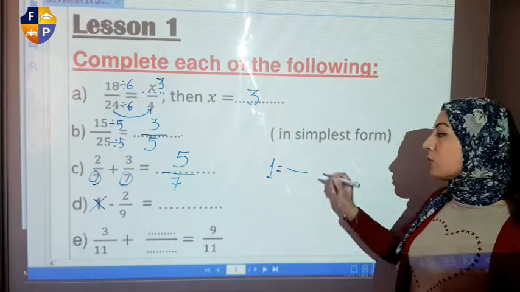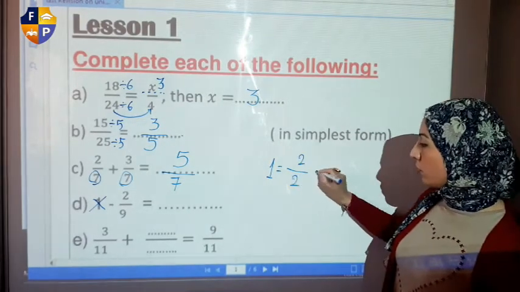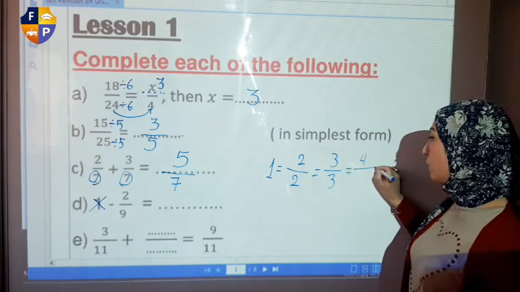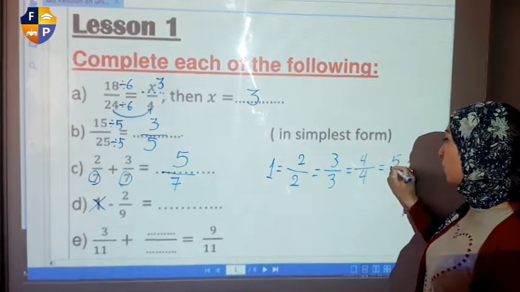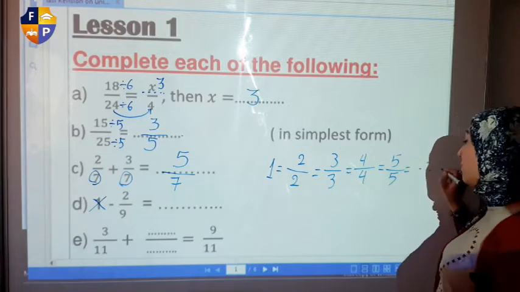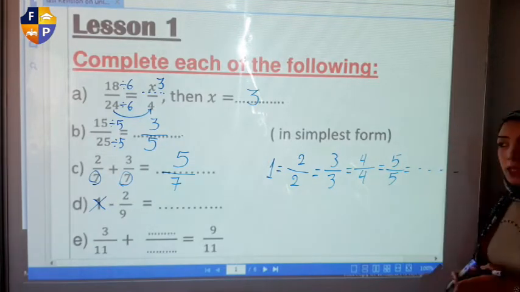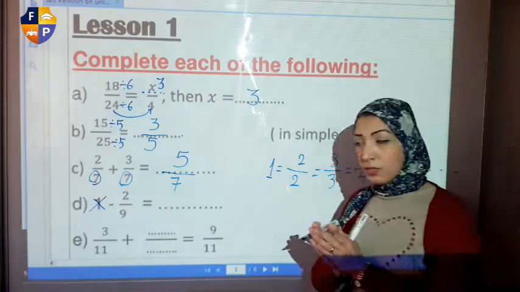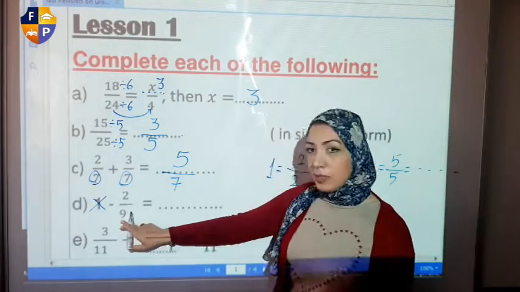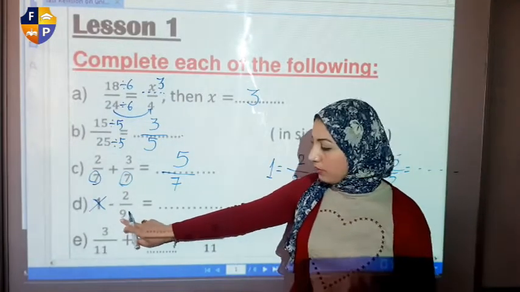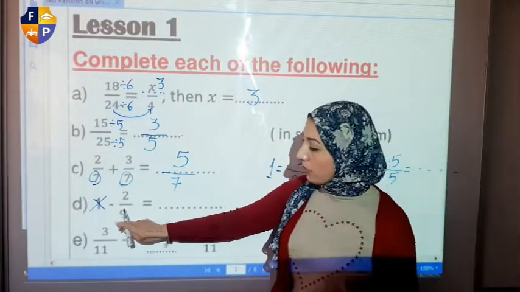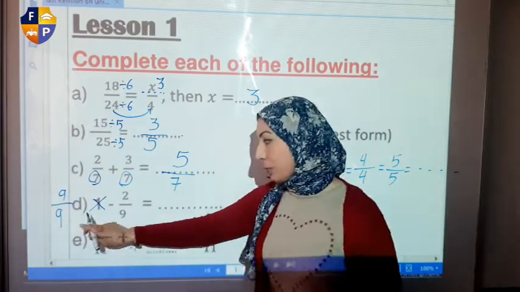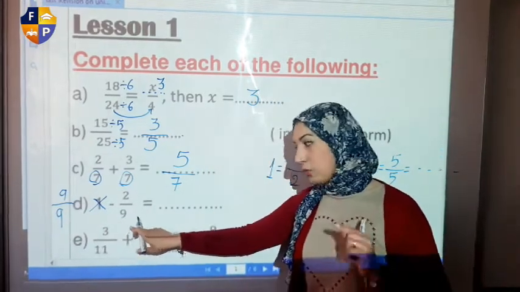So you can write 1 as 2 over 2, or 3 over 3, or 4 over 4, or 5 over 5, or any fraction whose numerator equals its denominator. But here we choose the fraction according to the denominator of the other fraction. So here the denominator is 9. So we will cross out 1 and write 9 over 9.